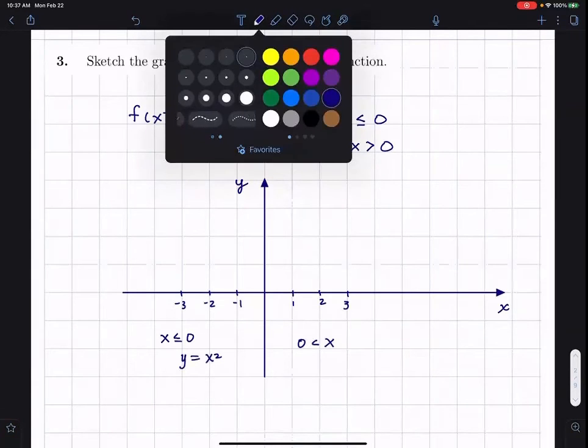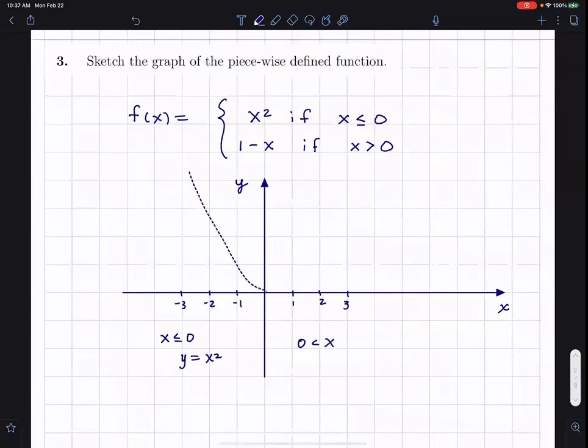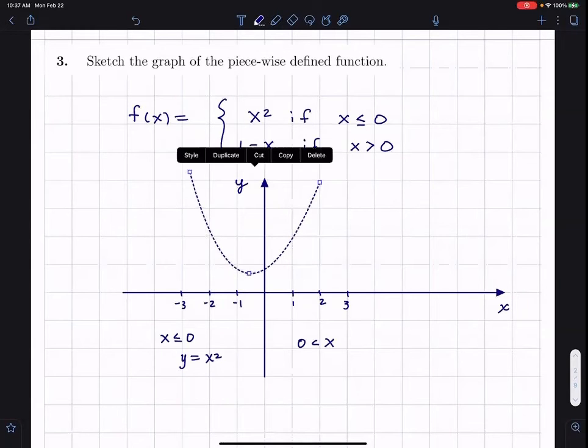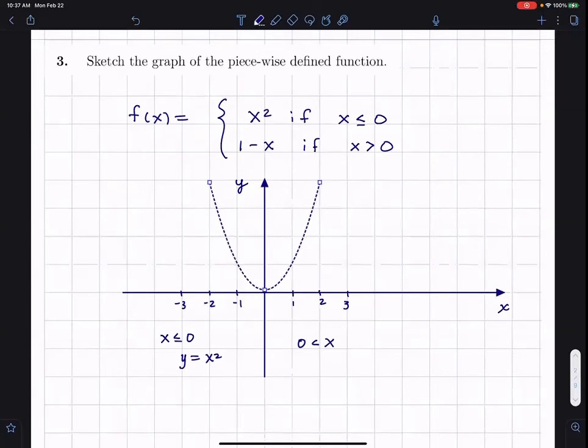What you could do is start by doing a dotted line parabola, but we don't want the whole parabola. This is just a little technique: as a beginning, put the dotted line there. For y equals x squared, if I go to the left by 1, I go up by 1. Left by 2, up by 4, because 2 squared is 4.